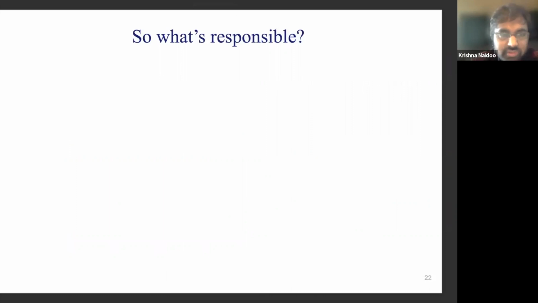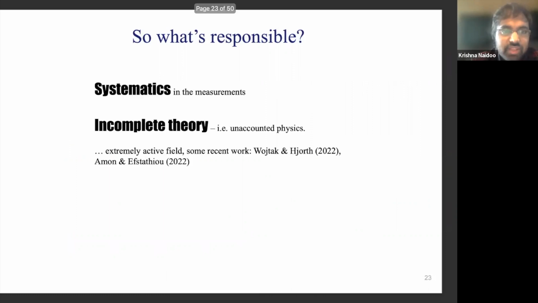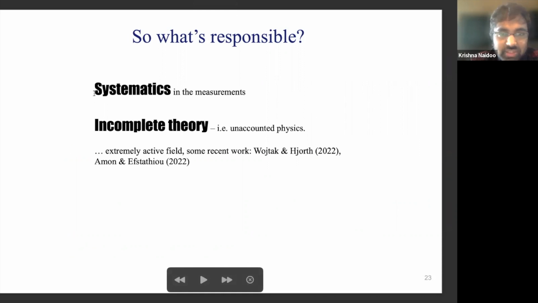So what's responsible? I've put this in big block capital letters. I think systematics is clearly something that could be an issue, or perhaps incomplete theory. I've got a few papers here, one on perhaps incomplete theory in the Hubble constant value, and something on the S8 tension.